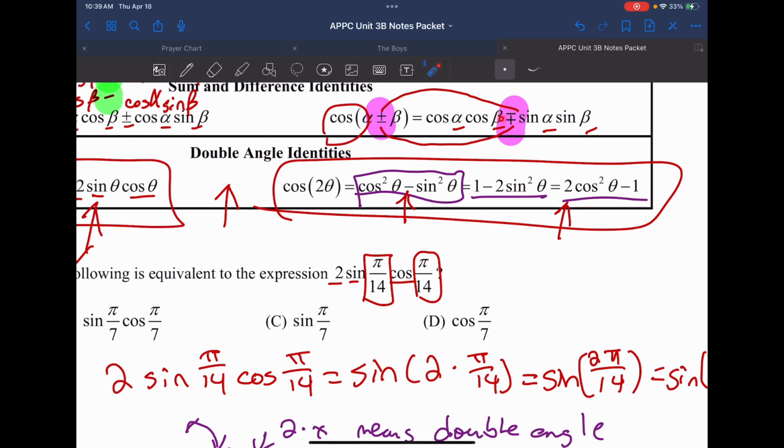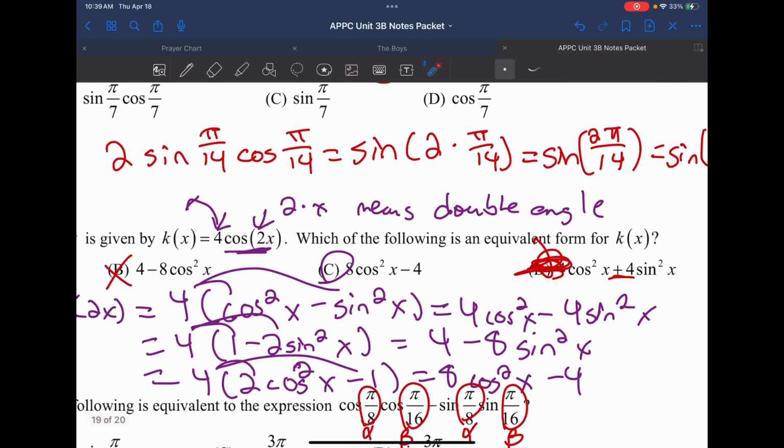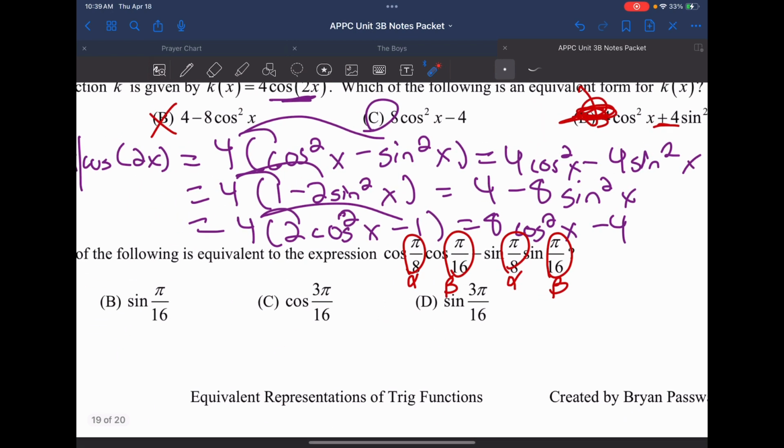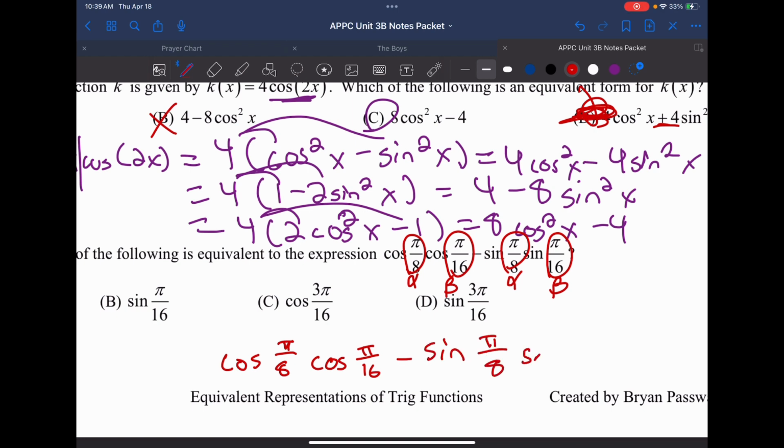So if this is subtraction right here, then it has to go back to addition here. So I'm going to rewrite that: cosine of pi over 8 cosine pi over 16 minus sine pi over 8 sine pi over 16.